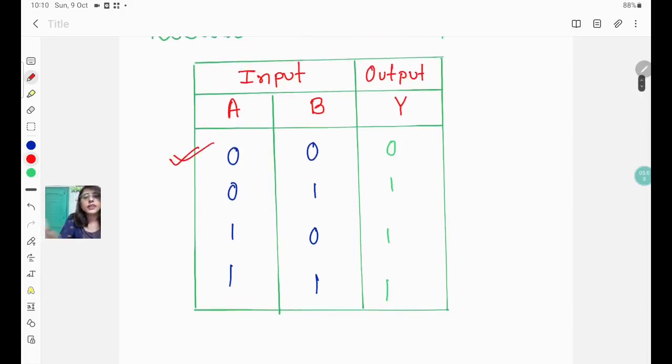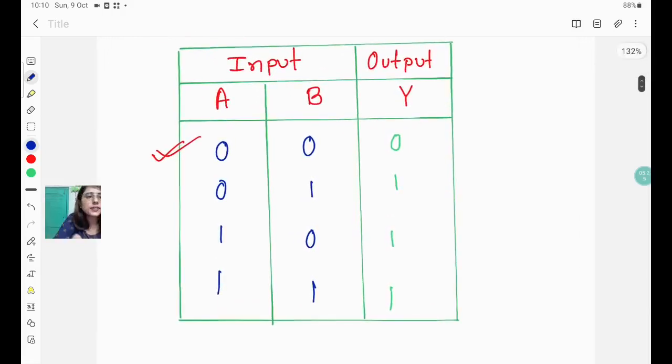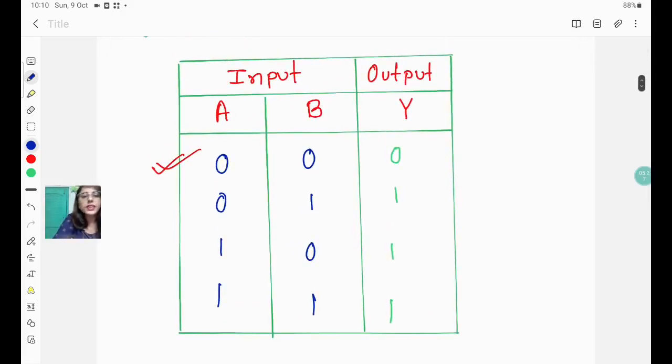Otherwise, if at least one input is on, or at least one input is 1, then the output should be 1. And if we use a lamp and switch arrangement to realize the situation, how can we realize it? Well, we can do this one.